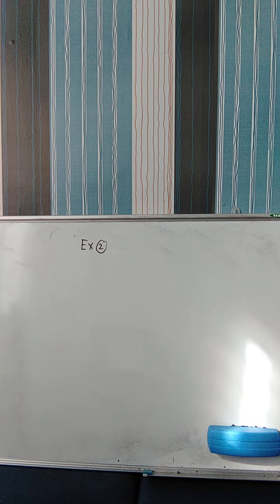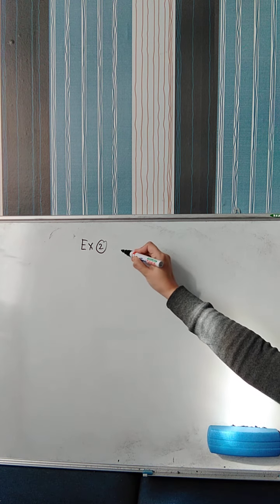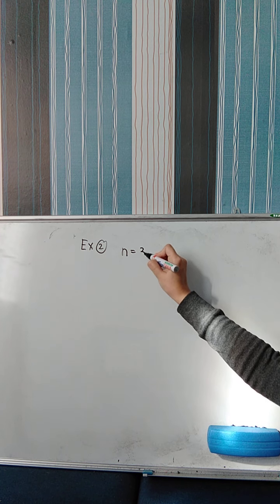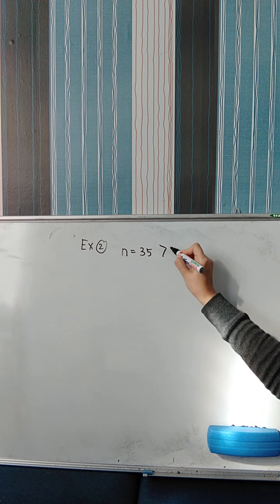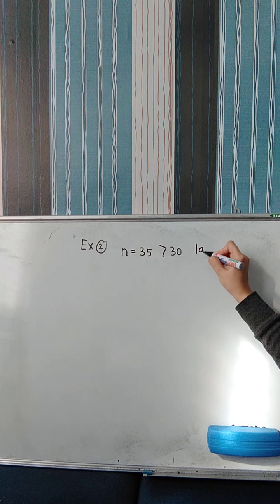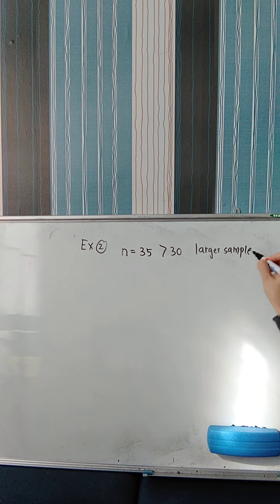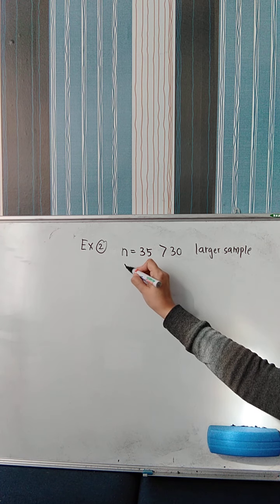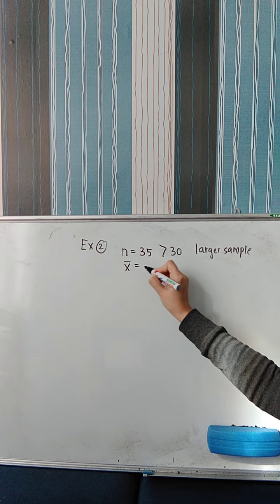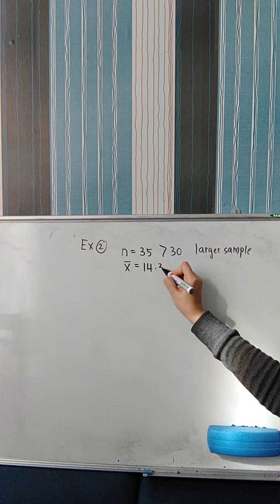In a random sample of 35, your n equals 35. 35 is more than 30, a large sample. The sample mean time was 14.3 minutes, so this is your X bar, 14.3.